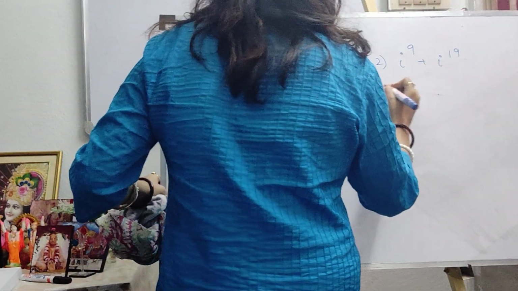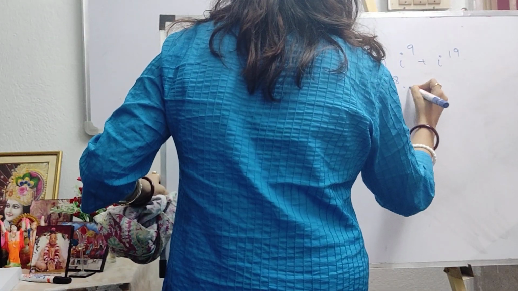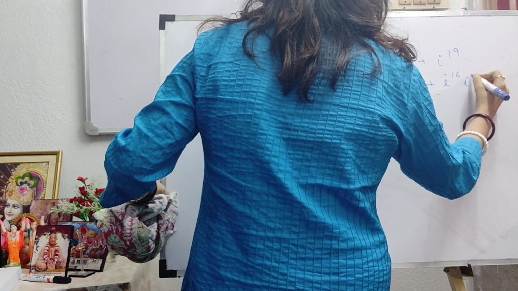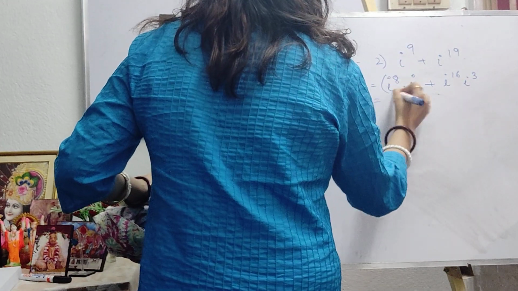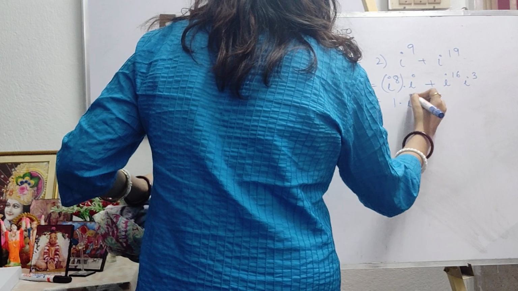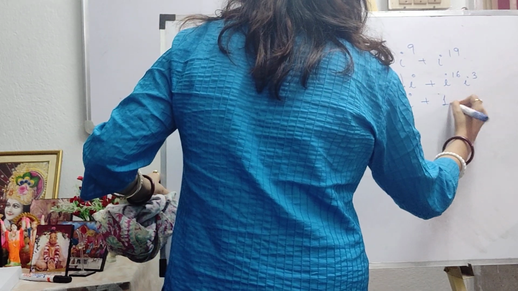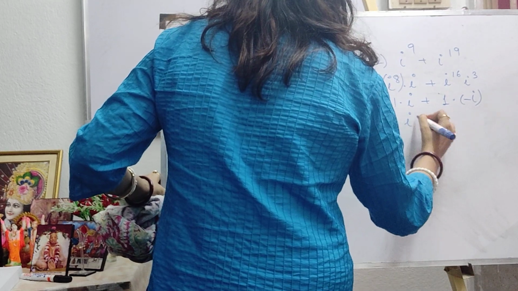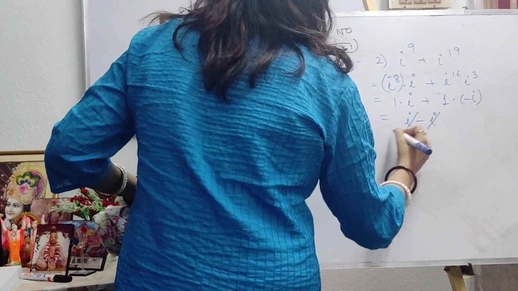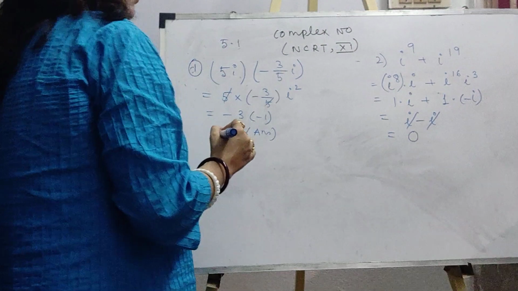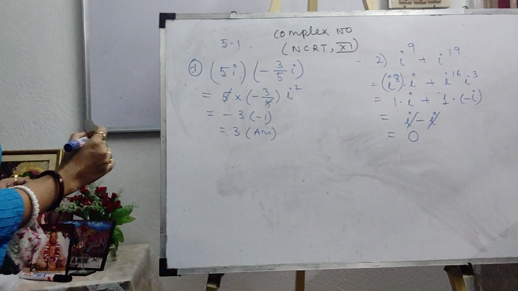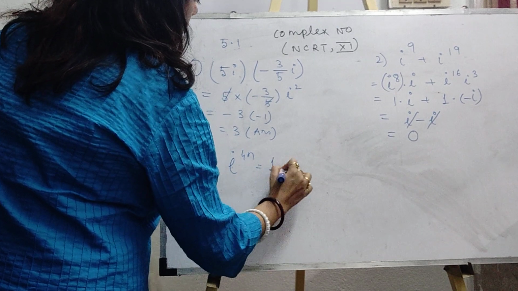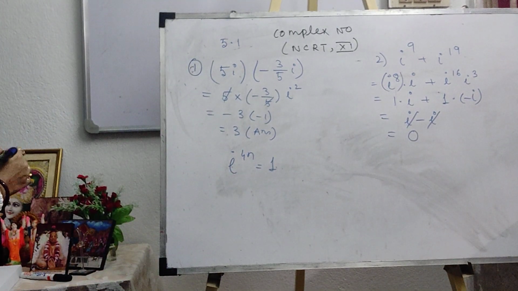So what is that? i to the power 8 into i to the power 16 into i cube. i to the power 8 means 1, i to the power 16 means 1, i cube means minus i. Minus i gets cancelled, 0. i to the power 4n is always 1. Okay.